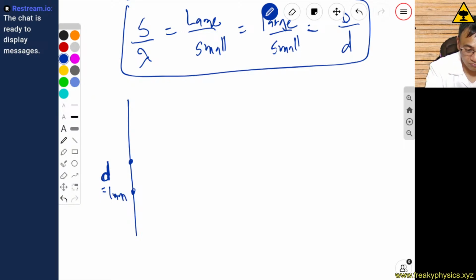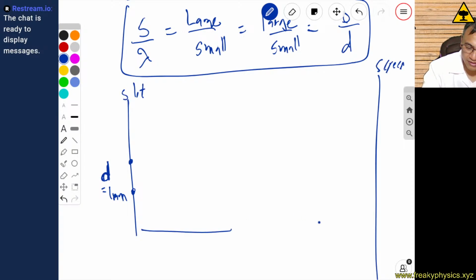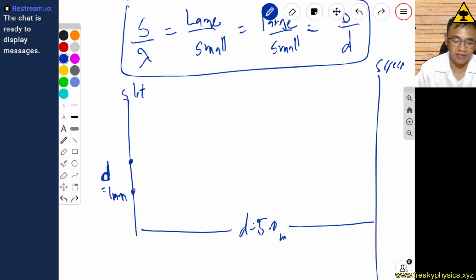Let's say that your small separation distance here is 1 millimeter. And then let's say that this is your screen, and the distance between the screen and the slit is 5.0 meters. So you can see that 5 meters is going to be so much bigger compared to 1 millimeter.